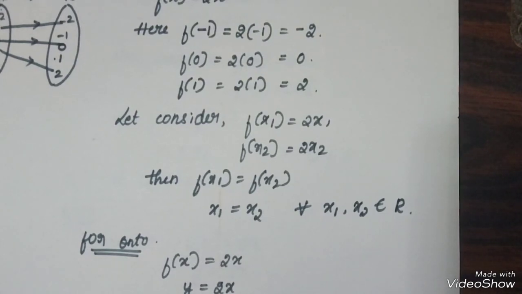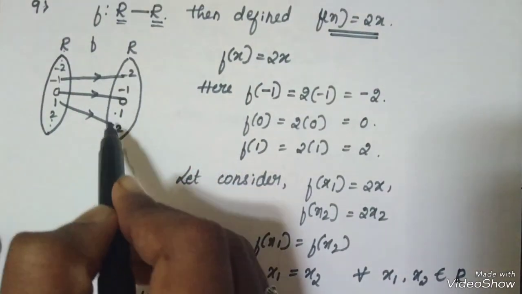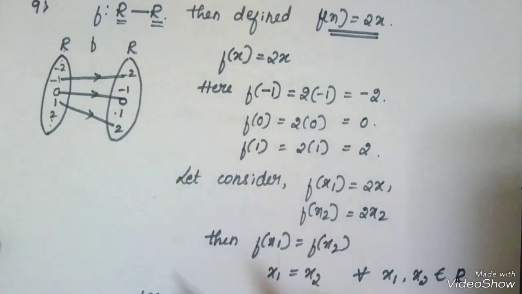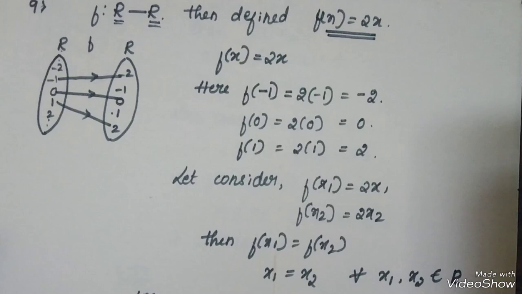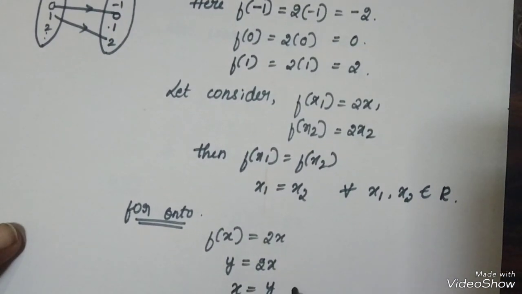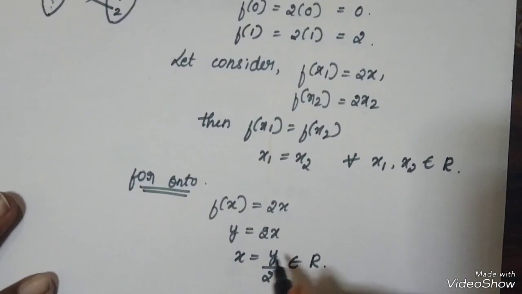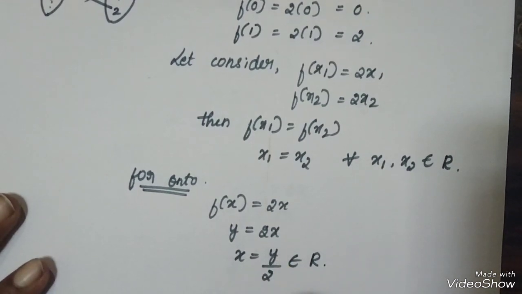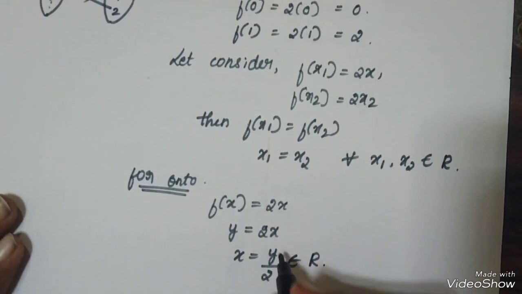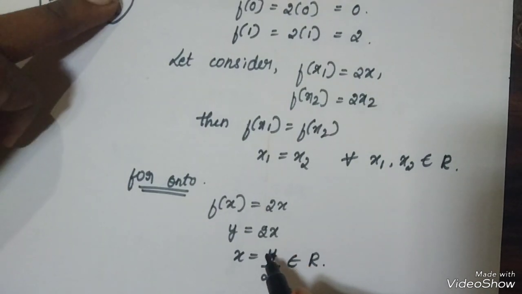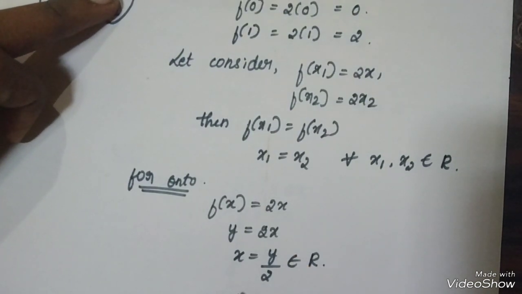Whatever y values we substitute, all the y values are present in the codomain, and we will get a real number belonging to the real numbers. Take y value as minus 1: minus 1 by 2. What is the value of minus 1 by 2? Taking minus as common, it is 0.5.